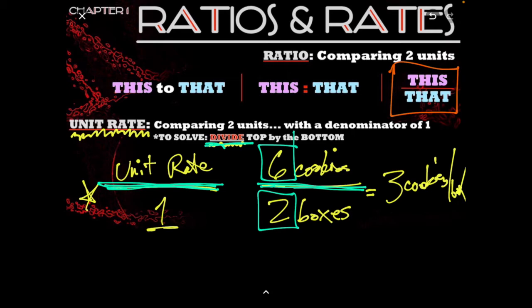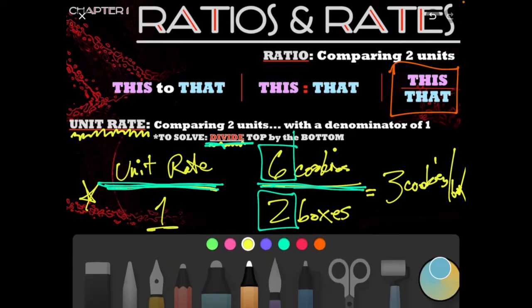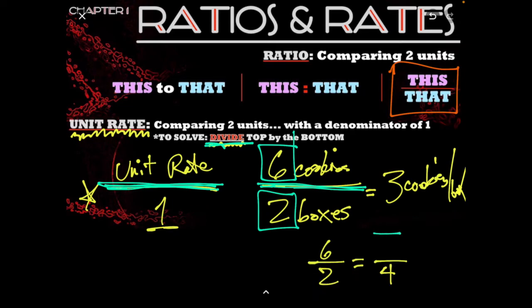Now, the next part is, if there are 6 cookies in 2 boxes and they want to know how many cookies are going to be in 4 boxes, you set it up as an equivalent ratio: 6 is to 2 as something is to 4. That's the unknown amount of cookies. There are a couple of ways to do that, and I'll show you as we go along. But you go across 2 to 4, times 2, and do the same thing to the top.